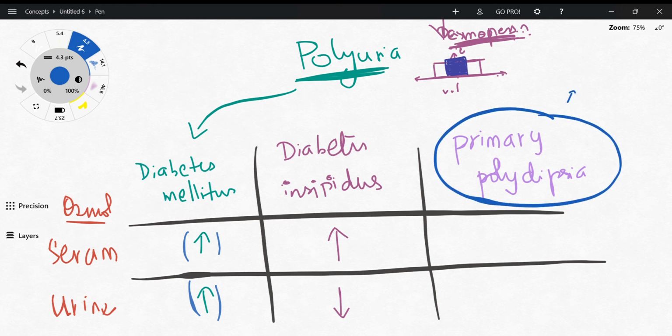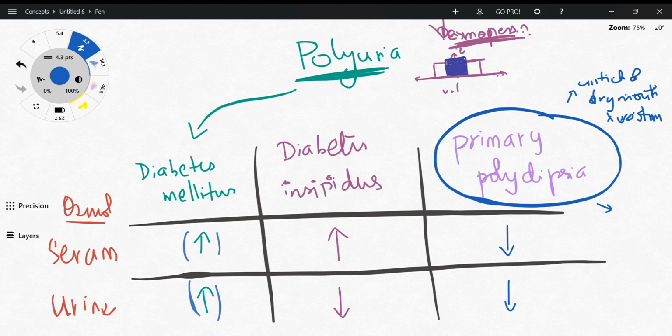Like it could be because of any drug that has the anticholinergic side effects, which presents with dry mouth, or if the patient just has xerostomia, they could be drinking a lot of water, or they might have some misconceptions about how much water to drink. Some people just get overenthusiastic, and they read online that they have to drink more water, and they just go on drinking more water without understanding what that can do to your body, in which case both serum and urine osmolarity are going to be low.